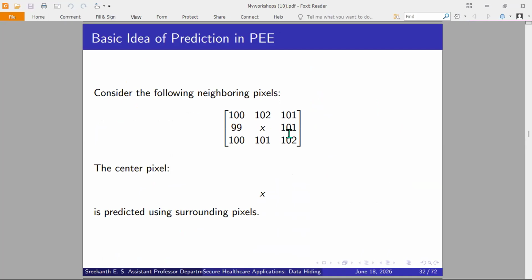Then at the receiver, we have to come from backwards. Then only the prediction will work, and we can extract the watermark data.